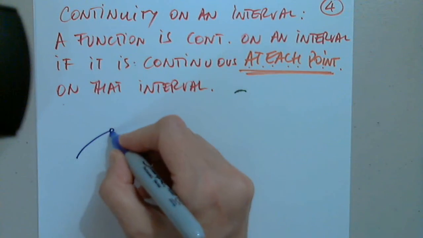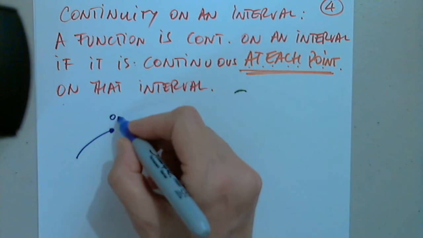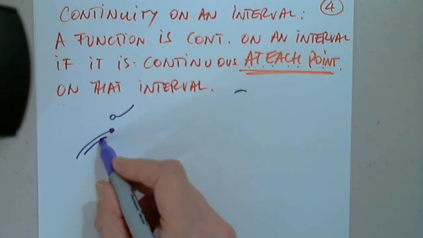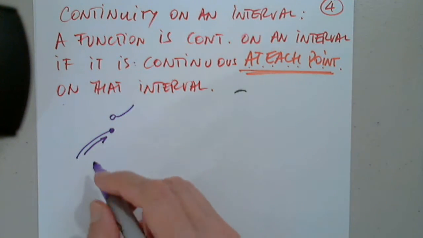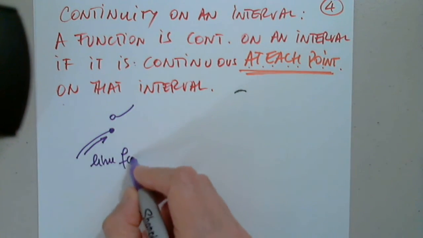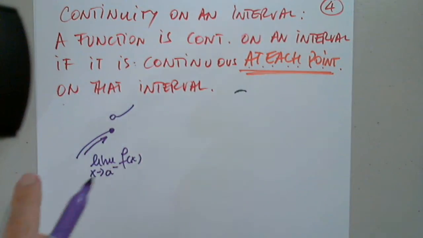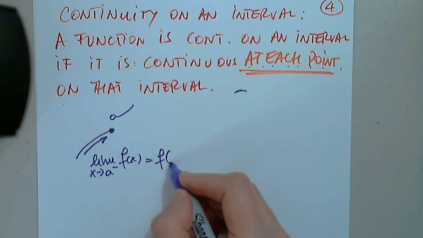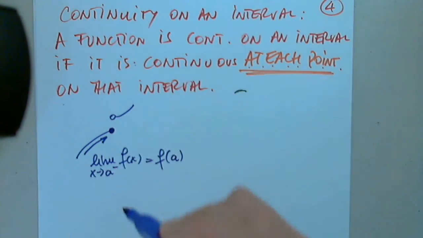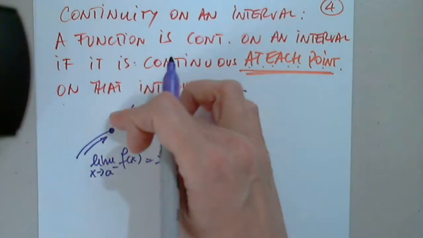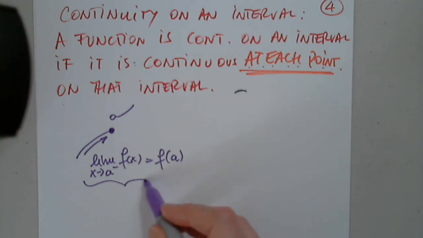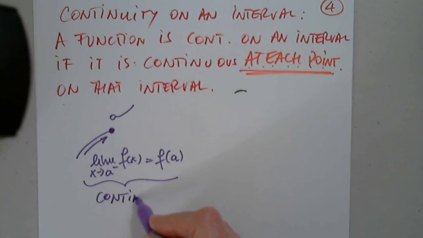So this is continuity from the left: the limit of the function as x approaches a from the left equals f of a, but it does not equal the limit from the right.